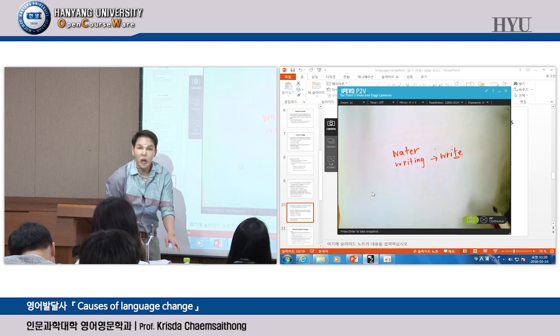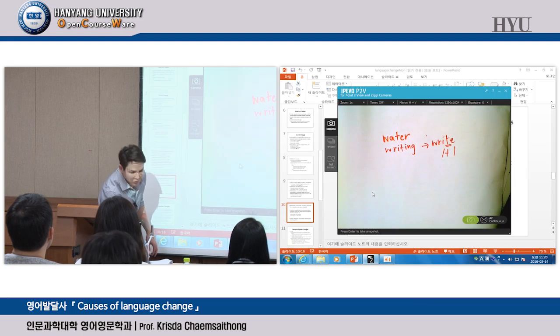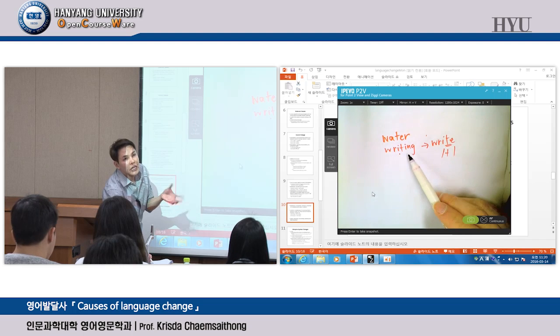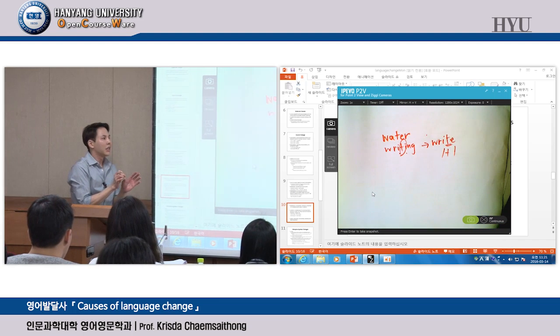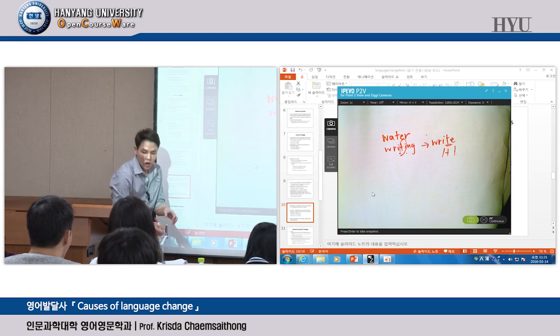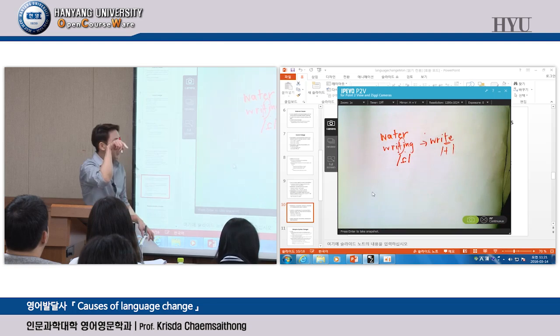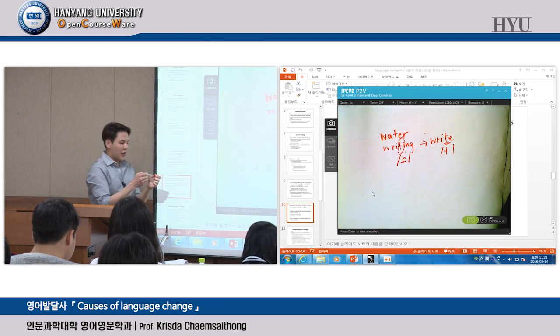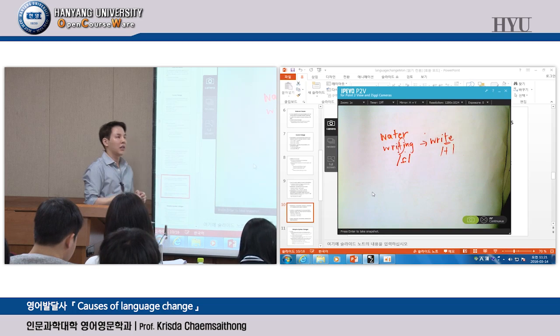So this is just write like that, with a T. But when you change it to the ing form, writing, this T is not a stop anymore, right? It becomes more like an R. So people use this kind of hook-like symbol to represent the sound there. Write becomes writing, right there.